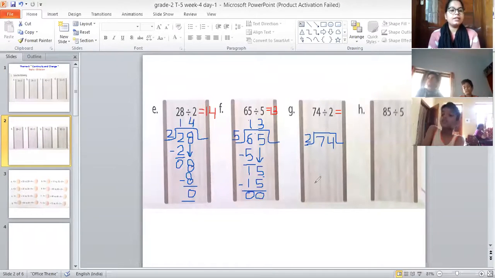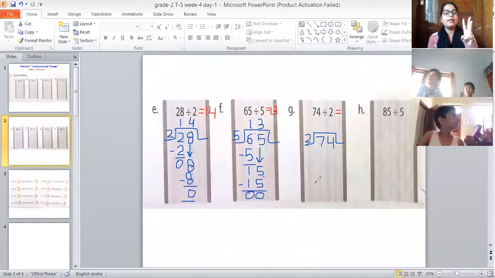Very good. Yes, children, if you will recall 2 table, you can see 2 ones are 2, 2 twos are 4, and 2 threes are 6. So we have 3 numbers here in 2 table which are smaller than 7, but we will take 6 here. We will not take 2 and 4.